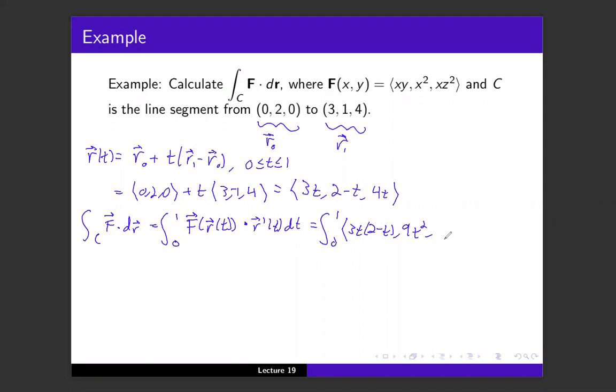So 3 times 8 is going to be 24, 3 times 16 is going to be 48, so 48 times t cubed. Dotted with r prime, which is 3, negative 1, 4, dt. I think I did all my calculations correctly.